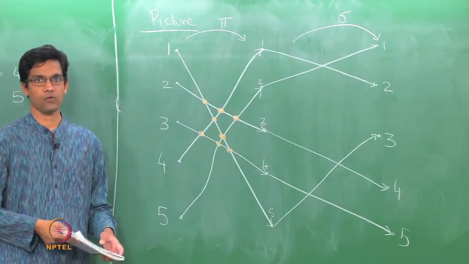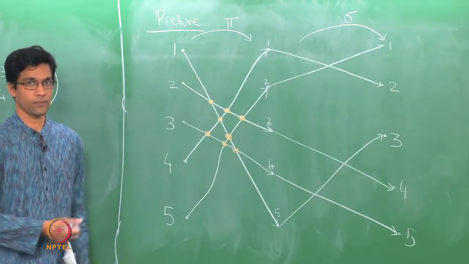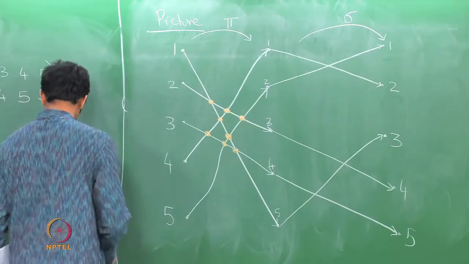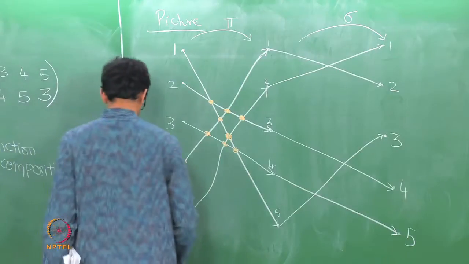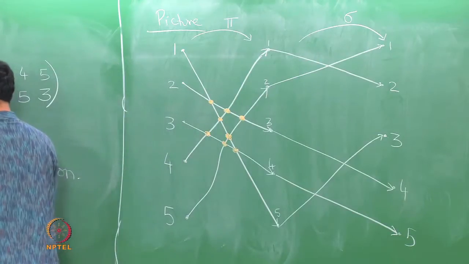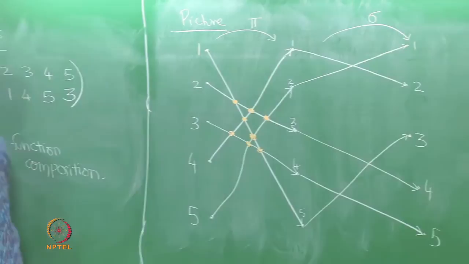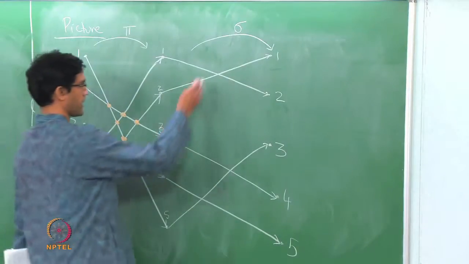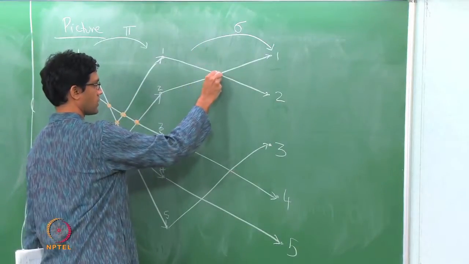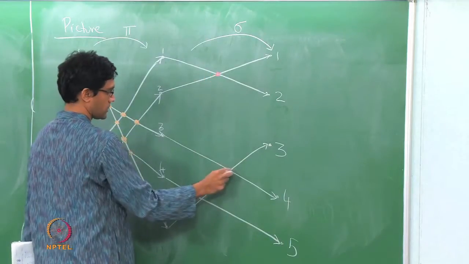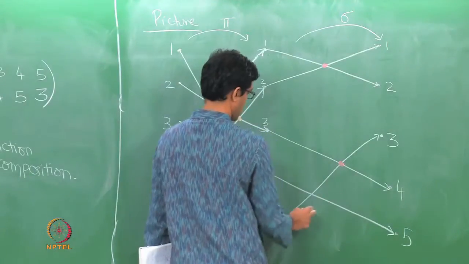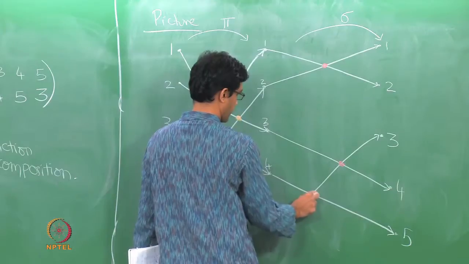Okay, so what we have done now is also drawn the picture for sigma. And let us again do the same thing. Let us mark out the crossings. Let us use some other color here. So how many crossings does the diagram for sigma alone have? Well, here is one crossing, here is another crossing, here is a third crossing, right.